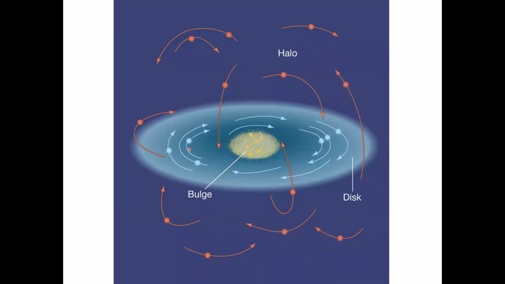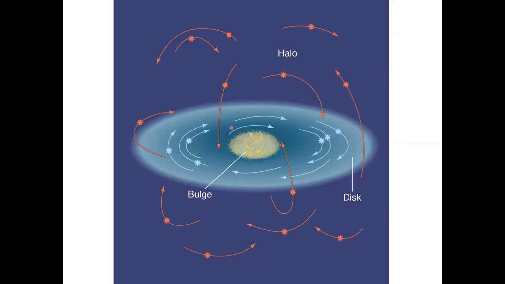Right, so this is a diagram that shows you how these stars move. You can see from the yellow and orange arrows how the stars move in the galactic bulge and halo, right?